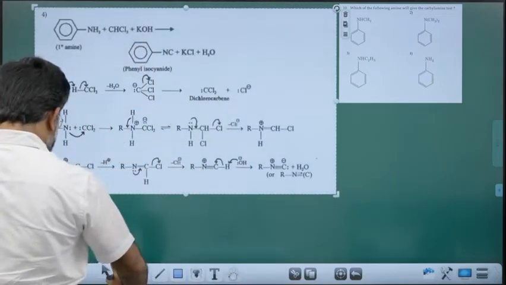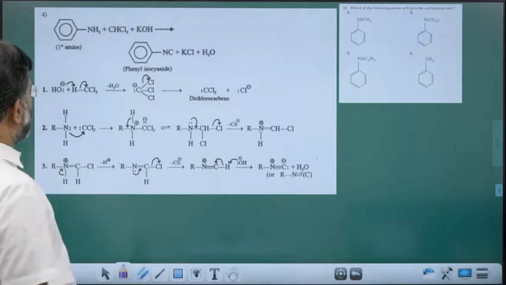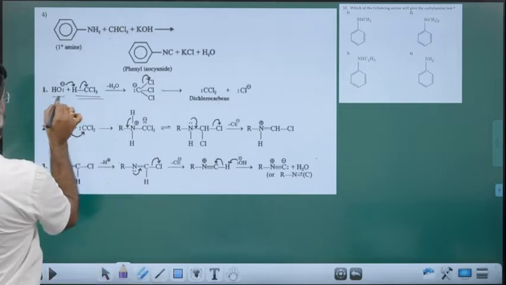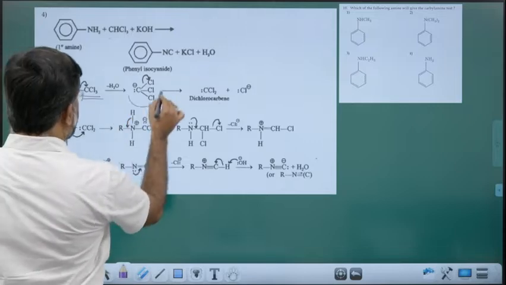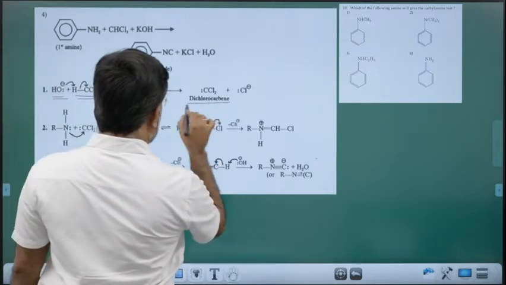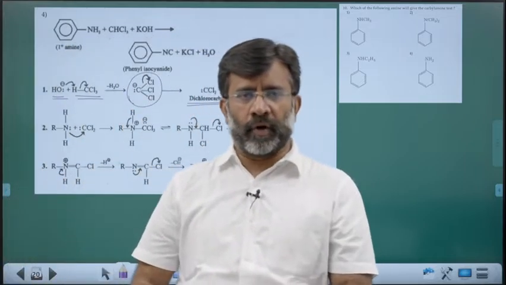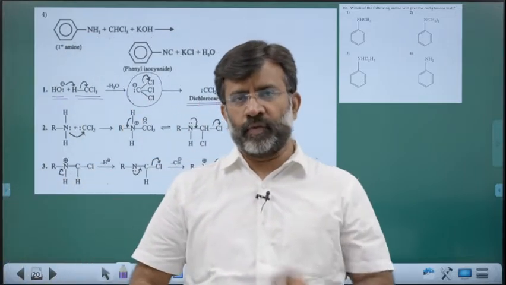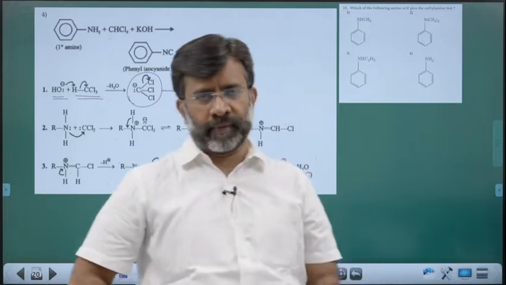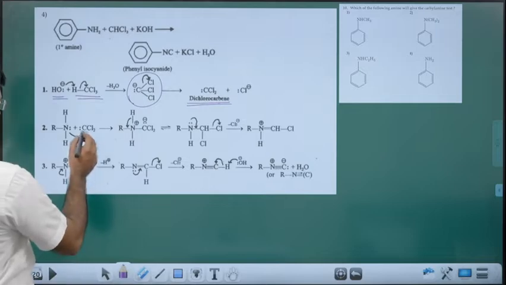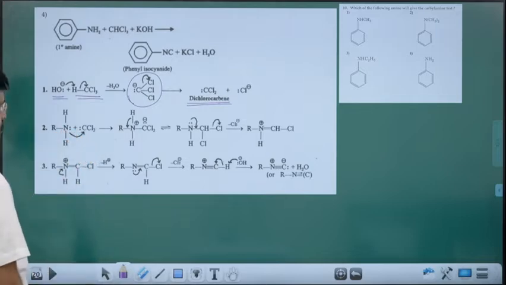This is the reaction happening there. If you don't know the mechanism, try to understand. You see chloroform interacting with the base and you are getting this one and that is converted to dichlorocarbene, a species well known to you. So chloroform with the alkali, you will get dichlorocarbene, a reactive well known intermediate. And now dichlorocarbene is attacked by primary amine.